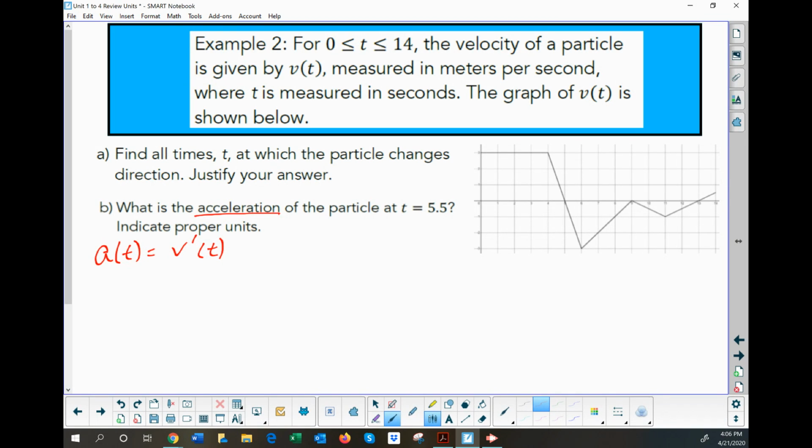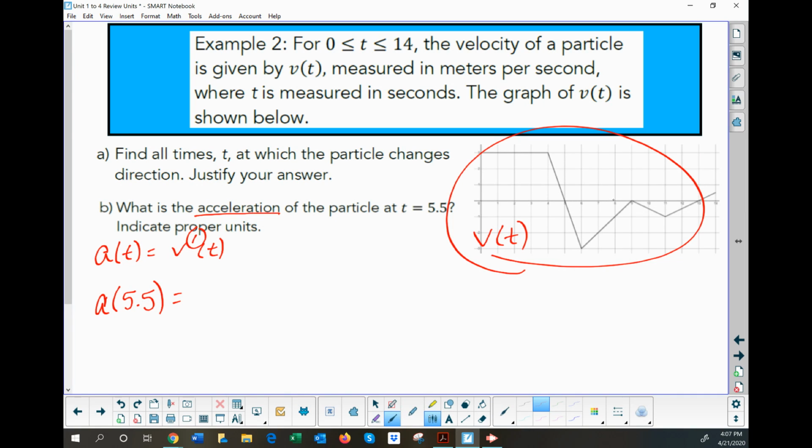Since I don't have a function to take a derivative of, I have to use the graph that I'm given, which is a velocity. And in order to talk about the rate of change of velocity, I'm going to read the slope of the curve. So a of 5.5 is equal to, let's go find 5.5.